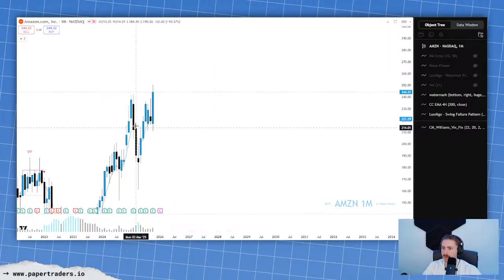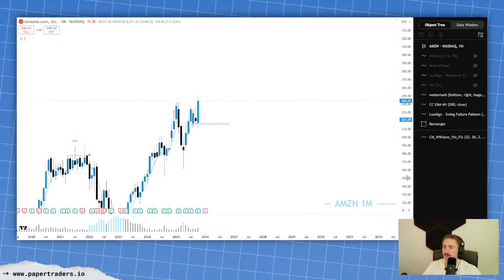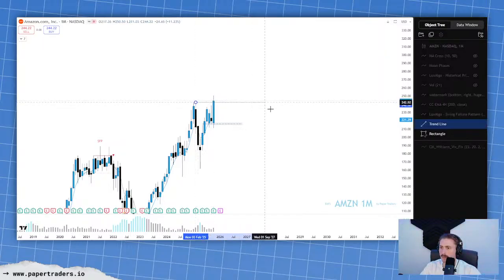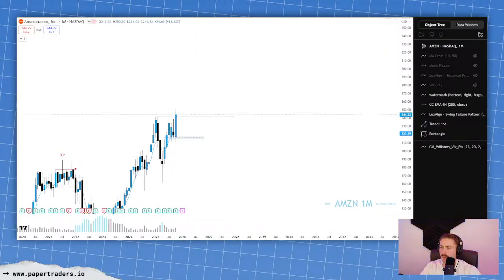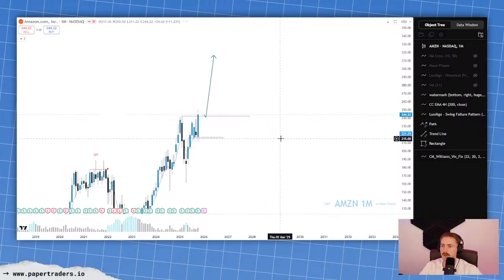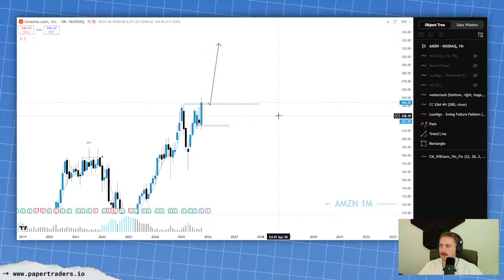Which, I mean, we held this one right there. Yep, just like through this high. I mean, you don't want to see it sweep and reject. That's where we want to either see a small sweep and then go, or a deeper retrace into like a weekly OTE on this. But really solid still.